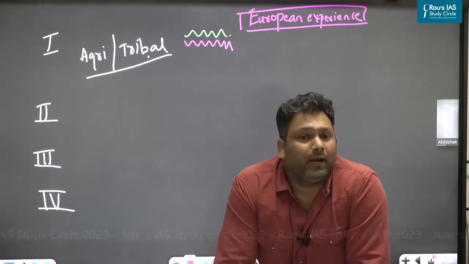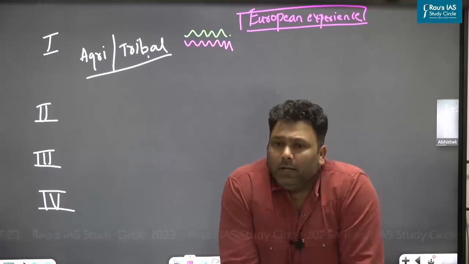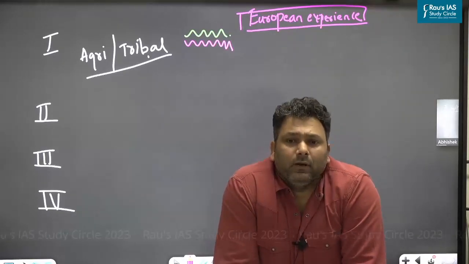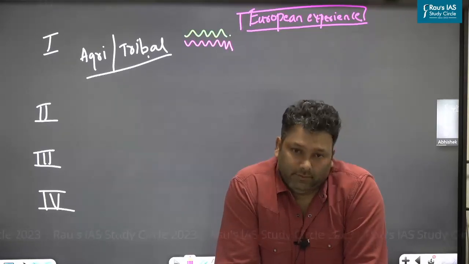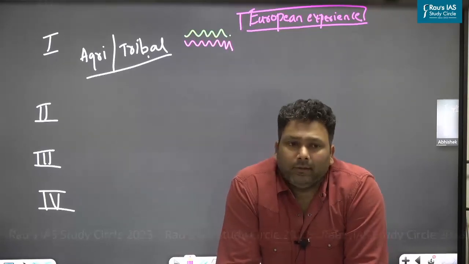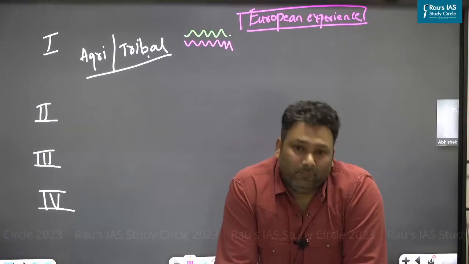Whenever you have this ethnocentric approach, it may or may not be completely applicable to your country or any part of the society. Since it has specifically come from Europe, it's also called the Eurocentric approach.